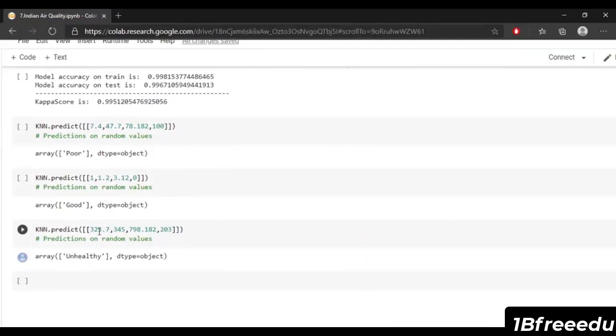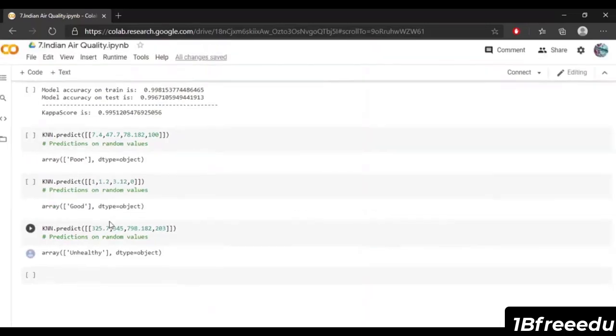And as you can see over here, when we gave higher values, 325.7, 345, 798, 203, this model predicted those numbers as unhealthy air quality index. And whenever we gave low values, the model predicted those values to be good.